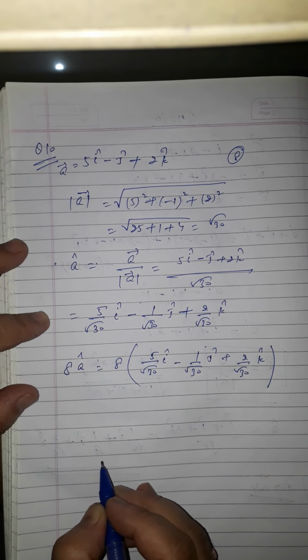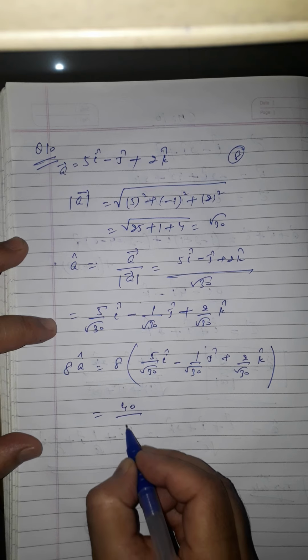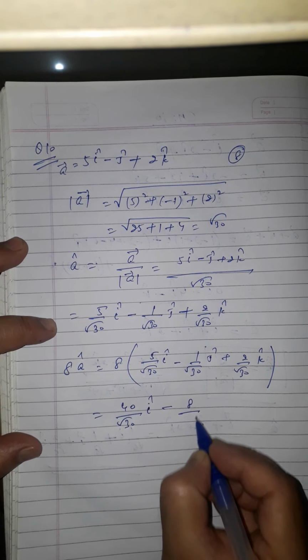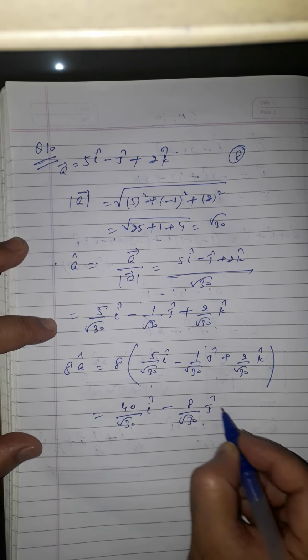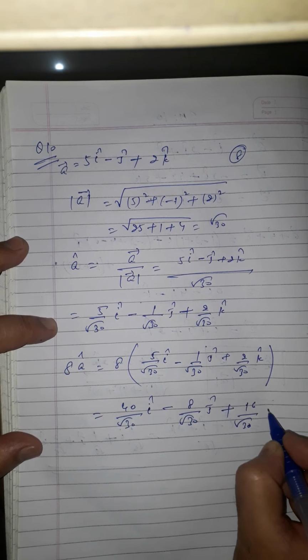Now we will multiply and it will come as 40 by root 30 i cap minus 8 by root 30 j cap plus 16 by root 30 k cap.